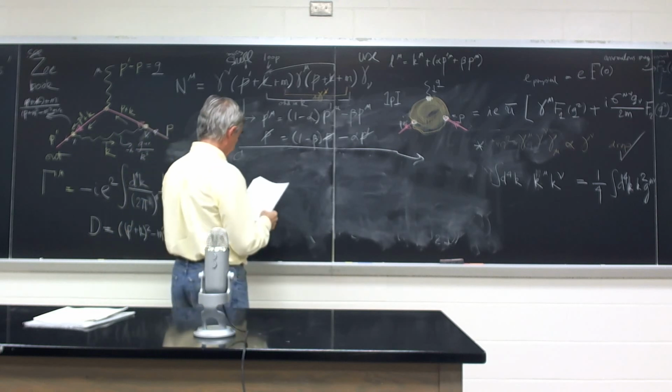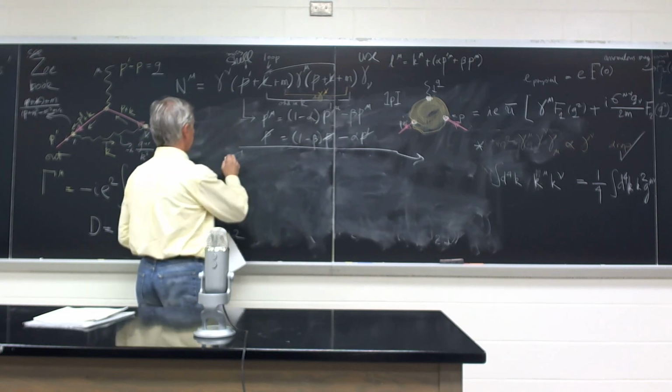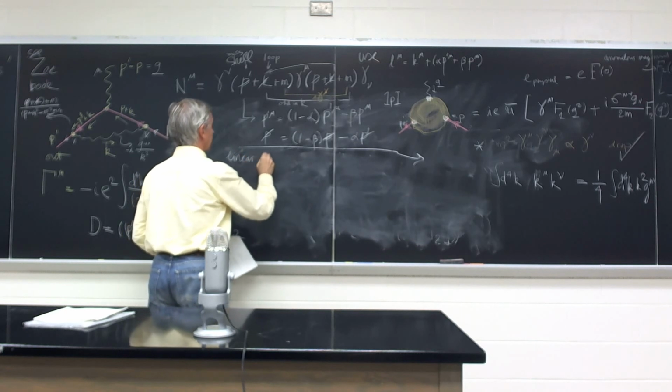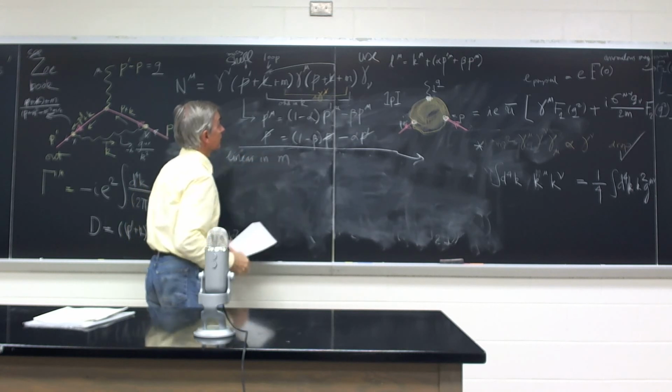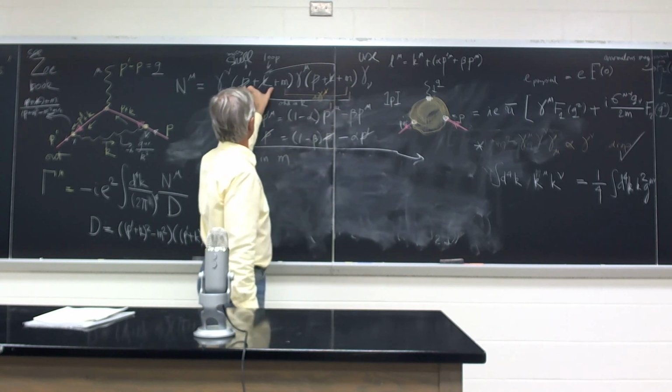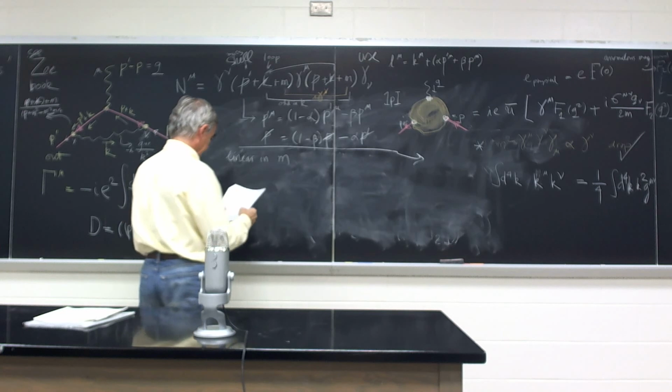Then there are terms which are linear in m. That means I pick up an m factor and then I pick up a factor of this on the other side.